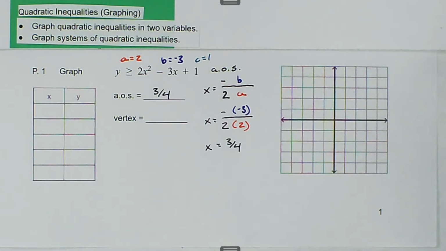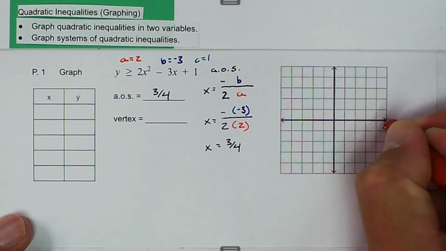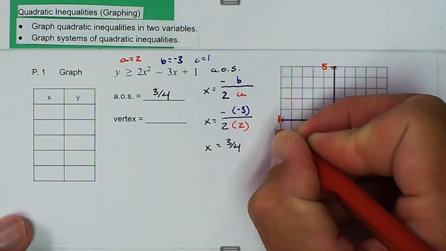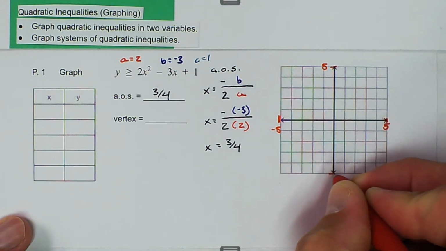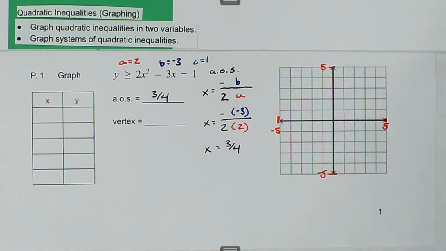So we can go ahead and graph that as our axis of symmetry, and we can count this one by ones. So this is going to be 5, negative 5. And 3/4 is very close to 1, but not quite.